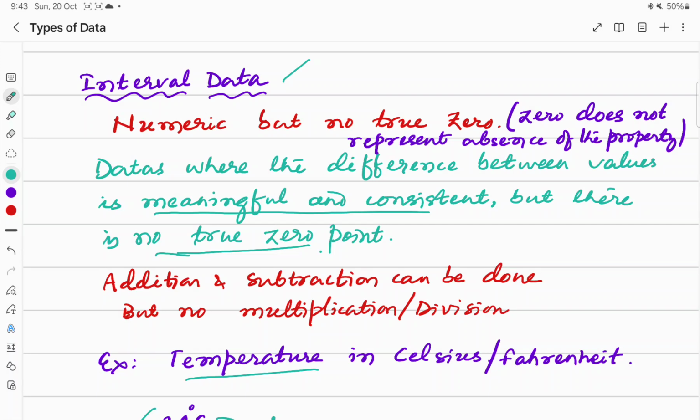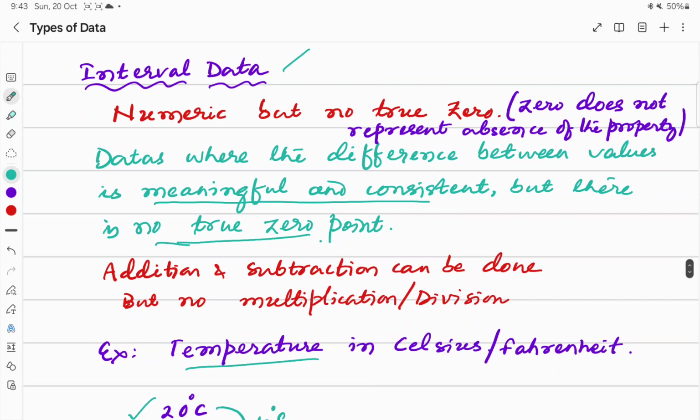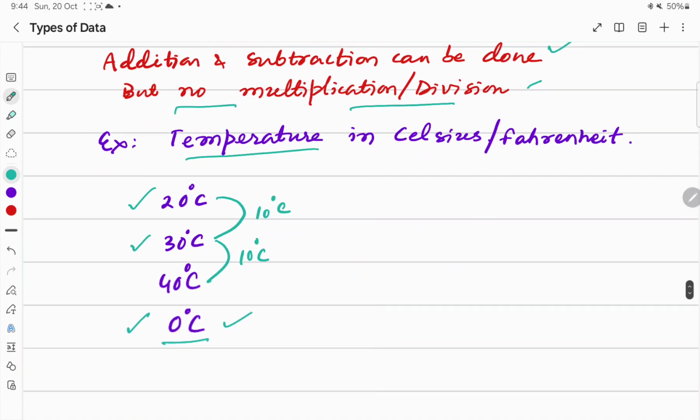In this type of interval data, addition and subtraction can be done, but we cannot do multiplication or division. Only addition and subtraction can be done. So if the data is numeric but no true 0, and no multiplication or division, then it is interval data.